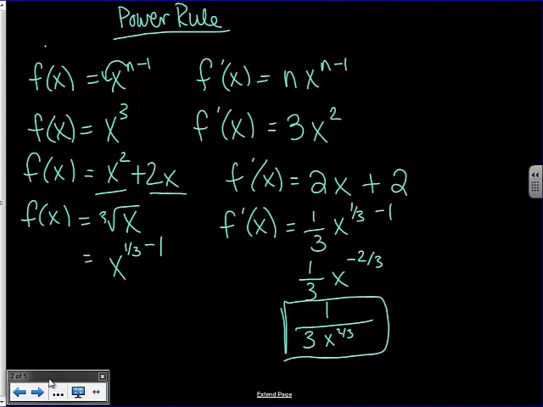You might get a problem that looks like this. f of x is 1 over x cubed. Well, I can't really do anything with that. So here's what I have to do with my exponent. I can take it to the top and make it negative. So I can now say x to the negative 3. Again, we're going to bring my power down in front.